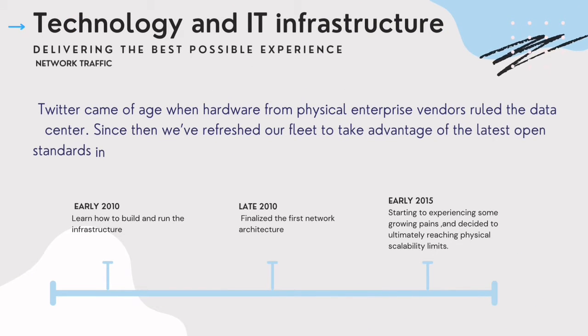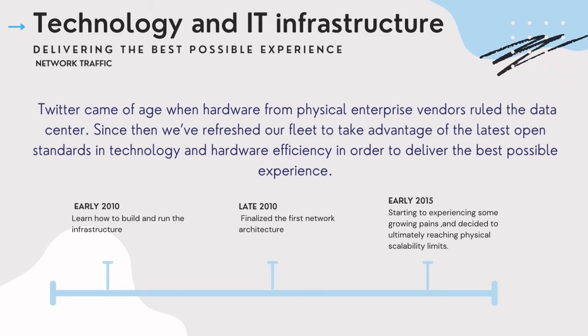Twitter came of age when hardware from physical enterprise vendors ruled the data center. Since then, we have refreshed our fleet to take advantage of the latest open standards in technology and hardware efficiency in order to deliver the best possible experience. In early 2010, we had to learn how to build and run our infrastructure.